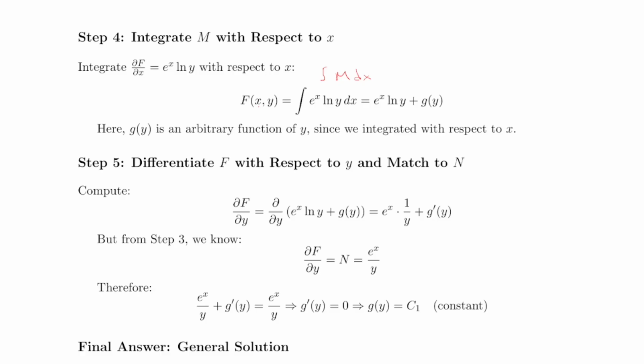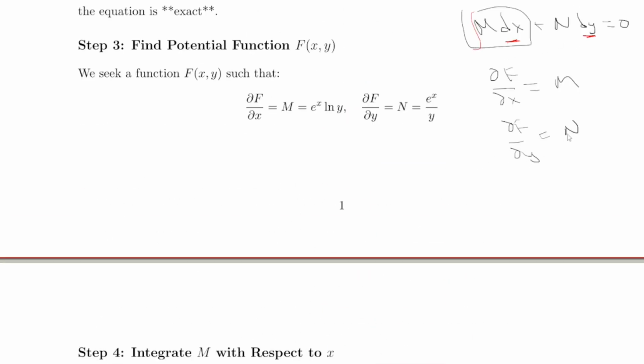We define F to be e to the x natural log y plus g of y. Now when I take the partial with respect to y, I get e to the x times 1 over y plus g prime of y. And this must equal N. From above, we said the partial of F with respect to y has to equal N.